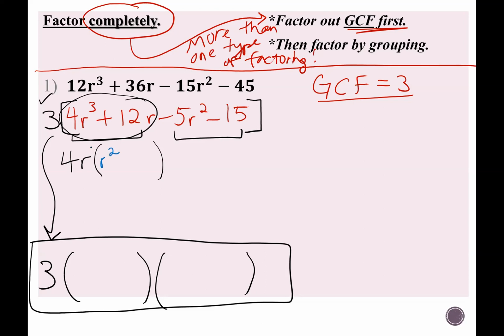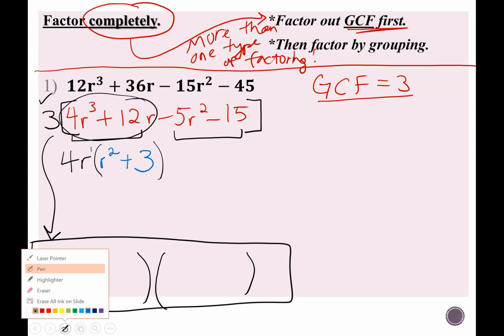Because I'm subtracting the exponents, that's really a 1 here. Plus 12r divided by 4r, that's just 3. Not 3r, the r's cancel. Okay, it's just 3. So what I should expect is r squared plus 3 will probably go in one of these spaces in my final answer. I'm going to wait on that though, but that's what I'm expecting.